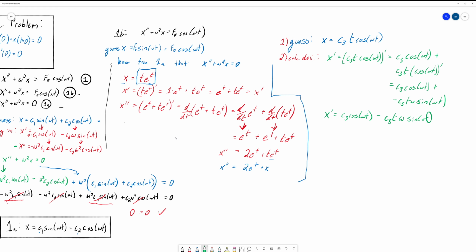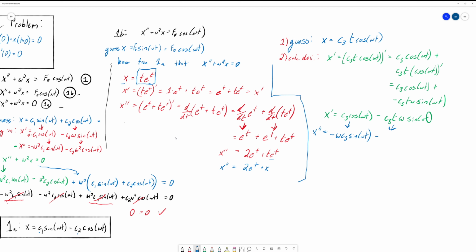Alright, and then let's take the derivative again. Switch colors here. We're going to have x double prime, well, the derivative of this is just going to be minus omega c3 sine of omega t. And the derivative of this, again we have to use the product rule, so the derivative of just t is just 1.